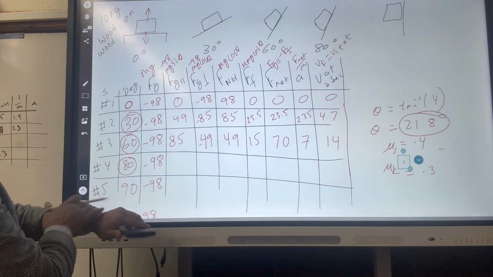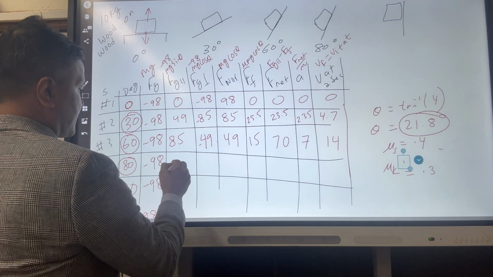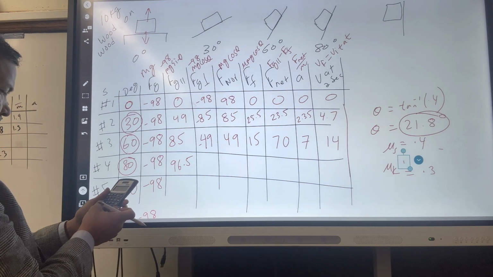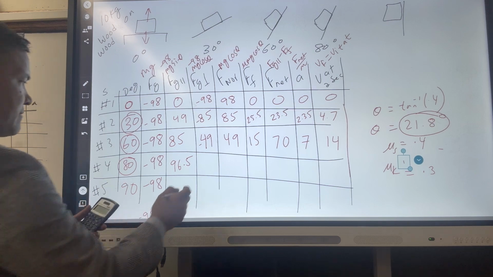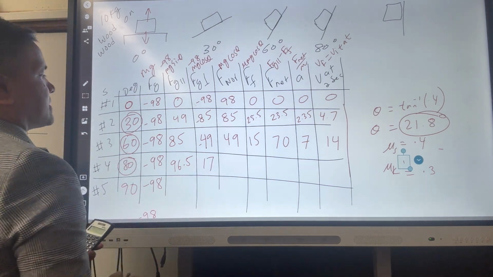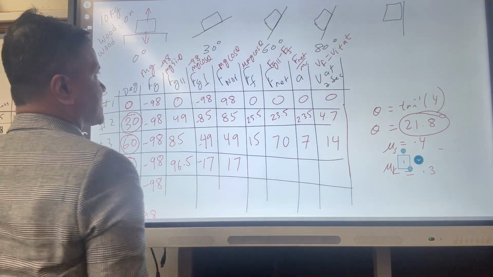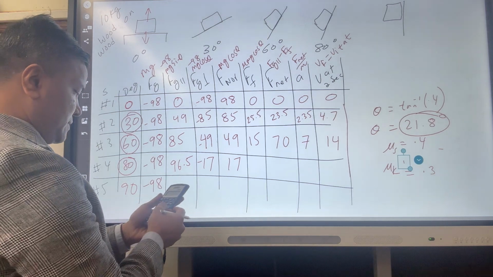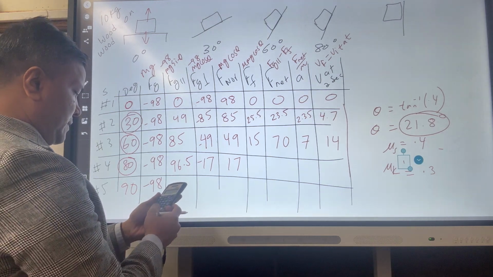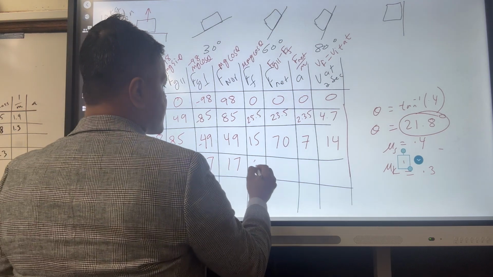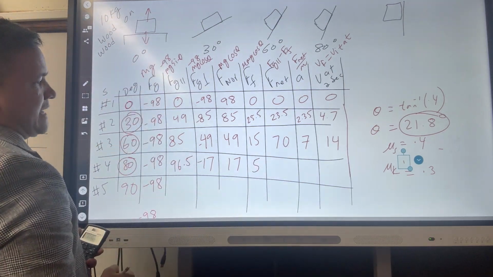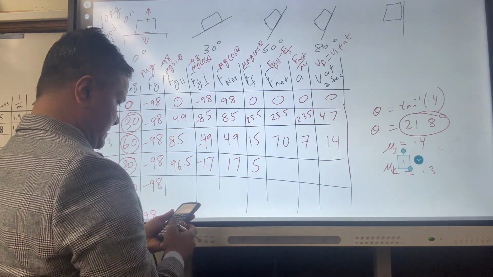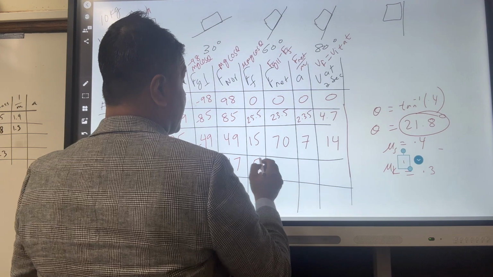And that is 96.5. 98 cosine 80 is 17. Ff is 17 times 0.3, which is 5.